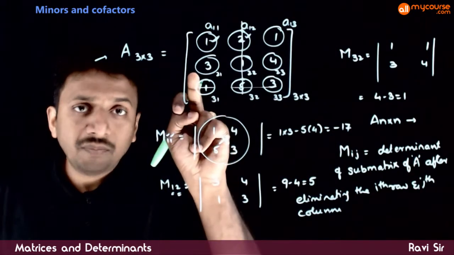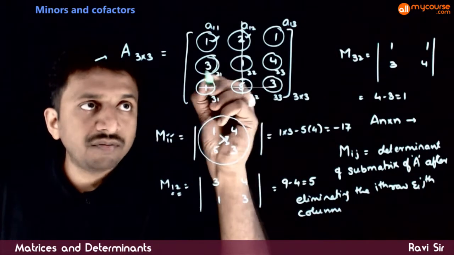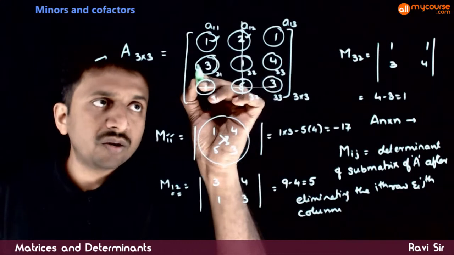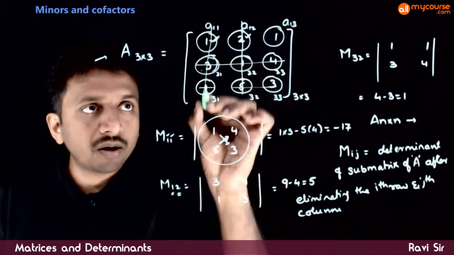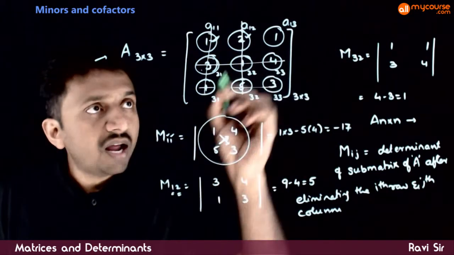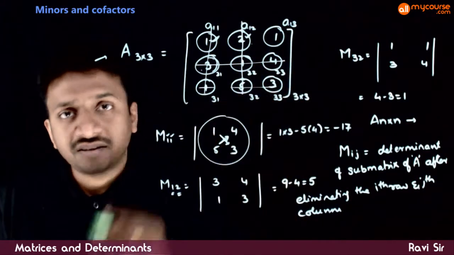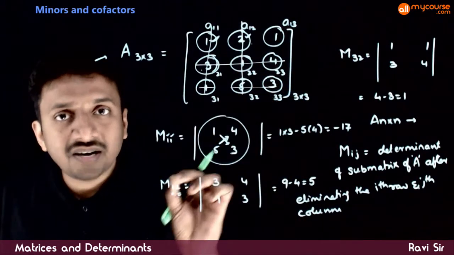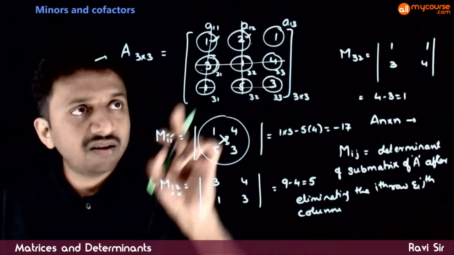So if you want M21, the minor of this element, you just need to remove the row corresponding to this element and the column corresponding to this element, and whatever 2 by 2 submatrix you have, its determinant is called the minor of this element.